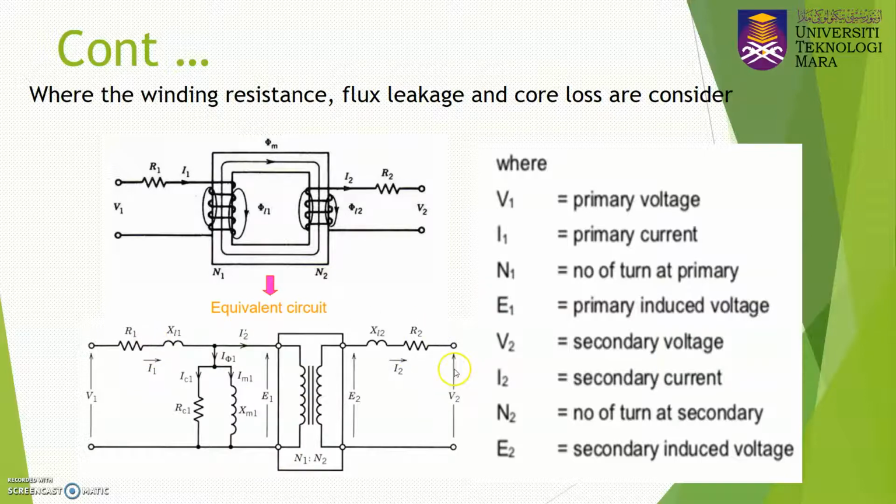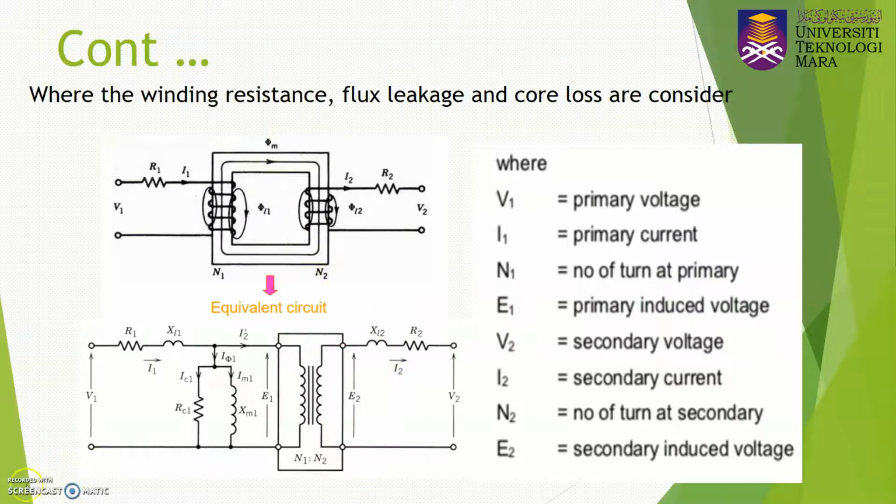V2 is the secondary voltage, I2 is the secondary current, N2 is the number of turns at the secondary winding, and E2 represents the secondary induced voltage due to N2 multiplied by I2.